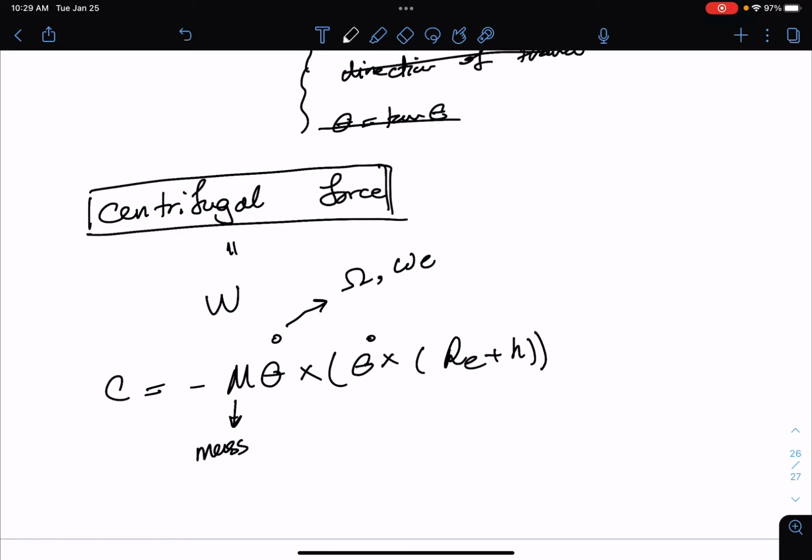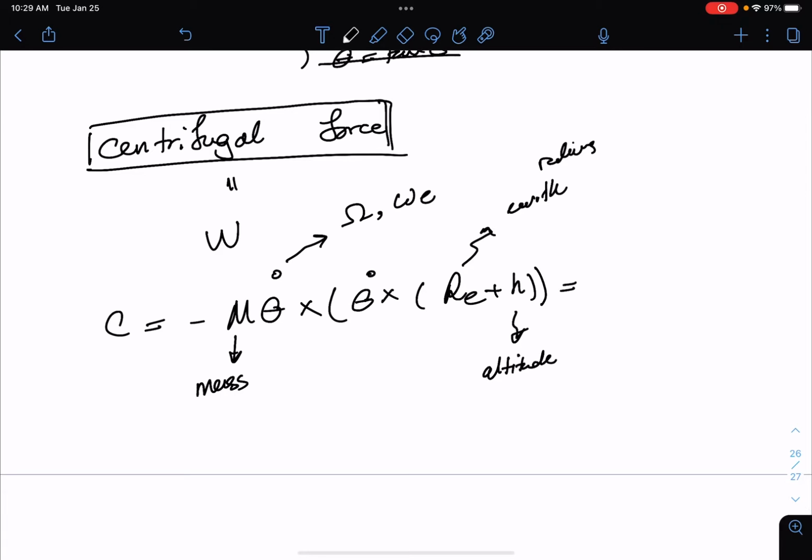Both of them are true. RE is the Earth radius, and H is your altitude. This is going to be equal to your weight, right? Of course, it's the scale version of the weight.